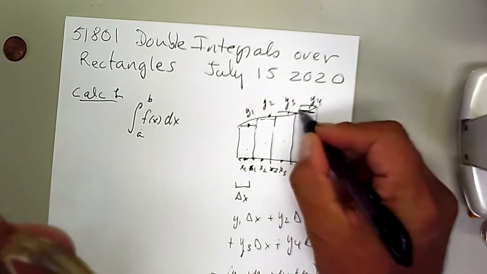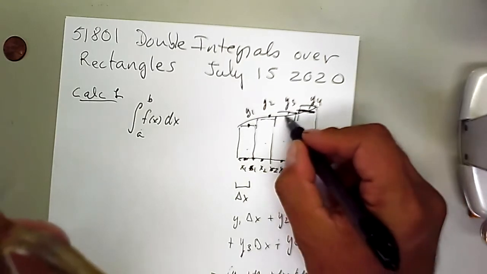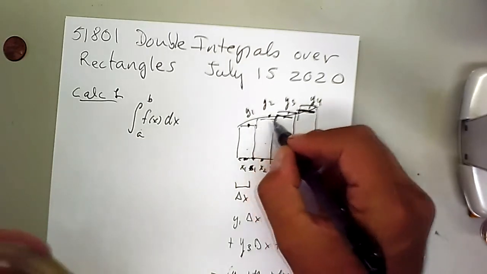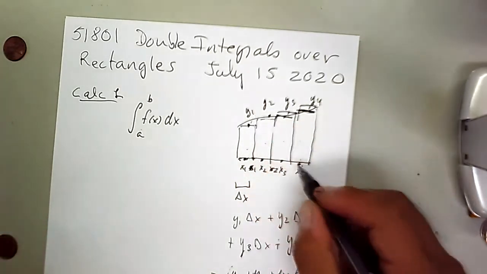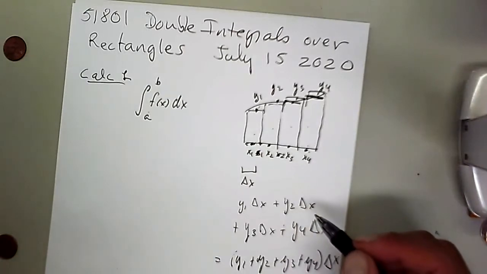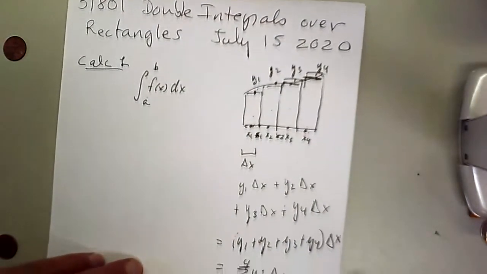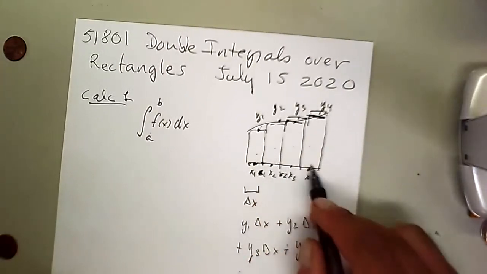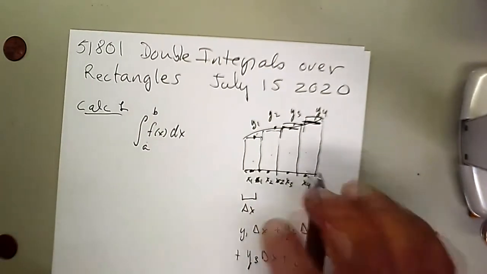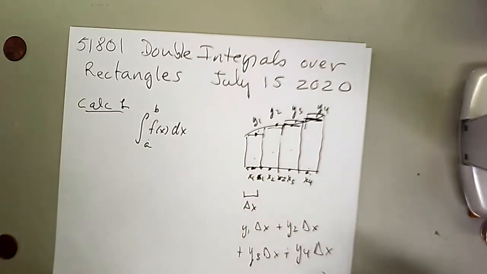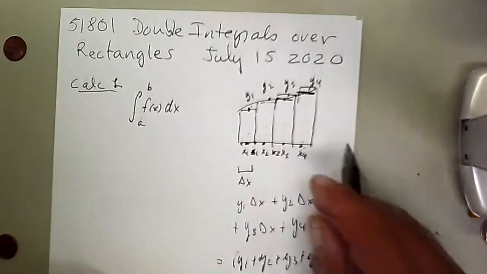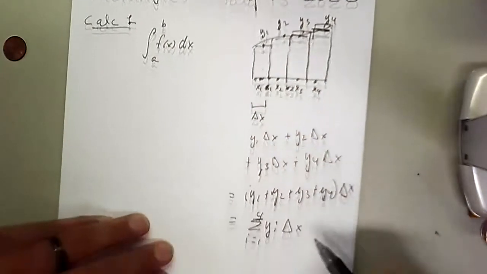The picture would be a little shorter for this rectangle, and so would it be for this rectangle. Yeah, we have to adjust that. I'm going to do an example which will make this more clear, an actual concrete example of using the midpoint rule to approximate the value of this integral. Right now, I just want to give the general idea of what's going on.